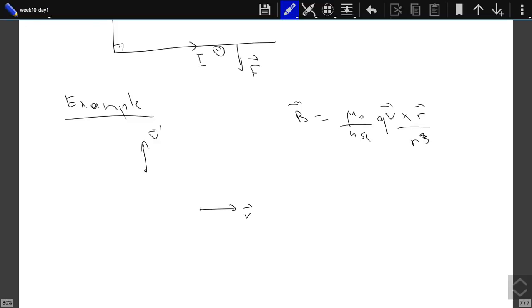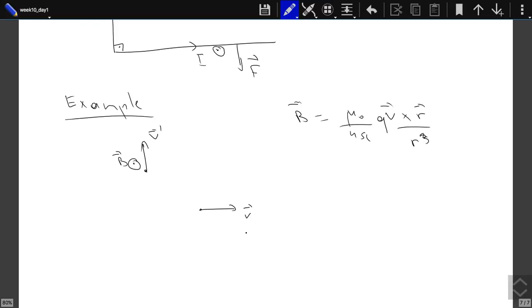What is the direction of the magnetic field at this point created by this one? You see, this is my V vector. This is my R vector. So R cross V. No, V cross R is outwards. So this is the direction of the B created by the charge moving with velocity v.